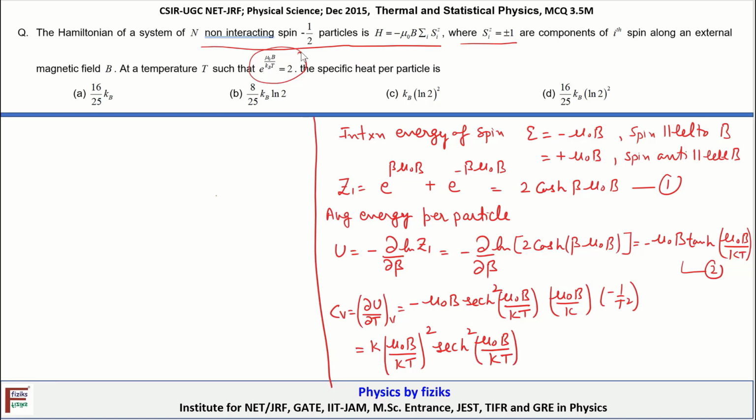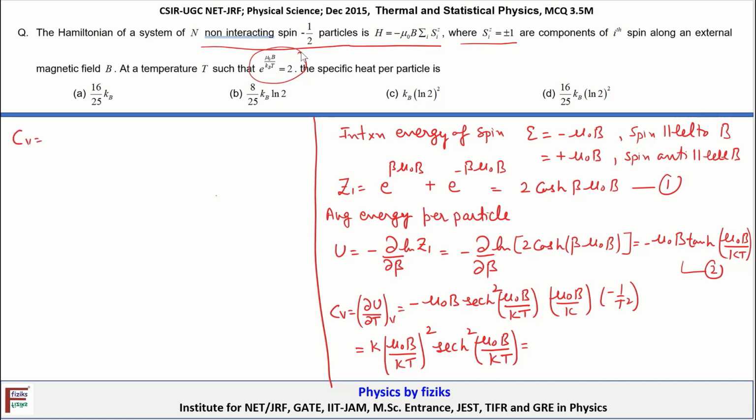And this can be further simplified, because we are provided a value of exponential mu naught B upon kT, so we will rewrite it in terms of exponential functions. Let me write it on the left hand side.